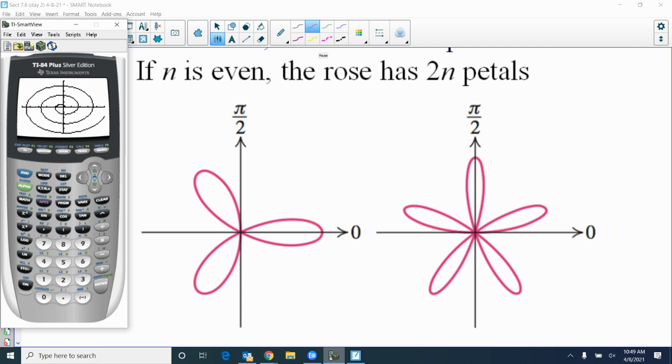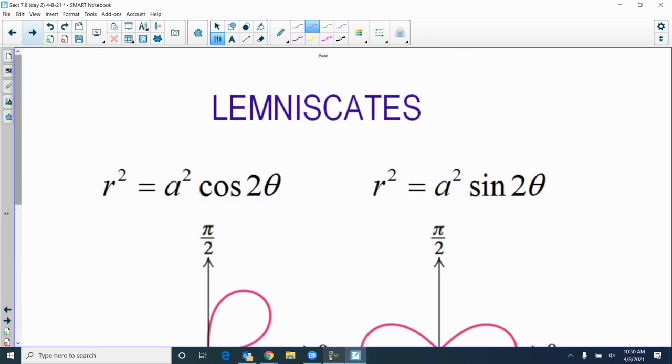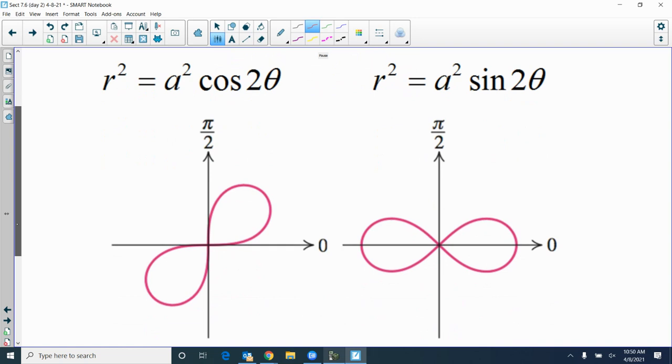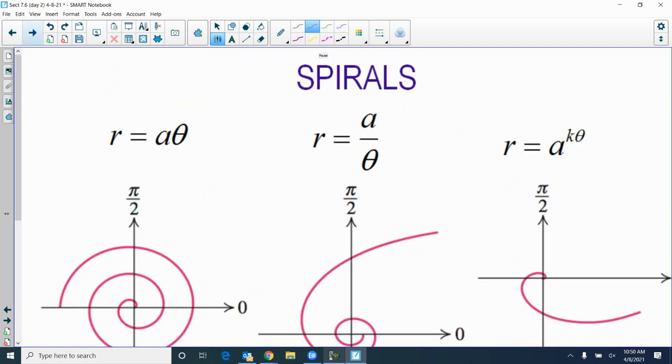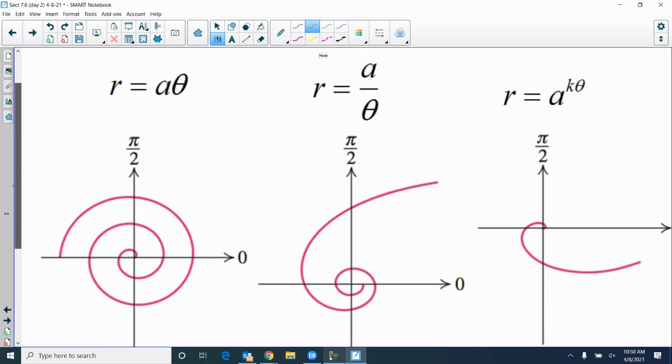So there you've got a spiral. You get all kinds of different shapes with polar graphs. We're not going to worry about the lemniscates, but these are the spirals.